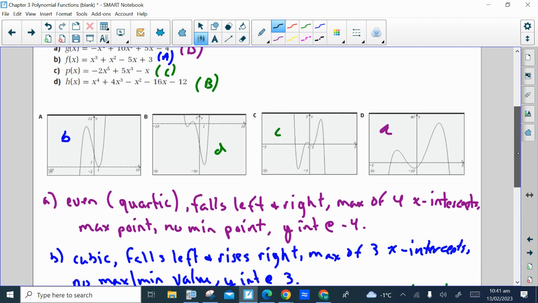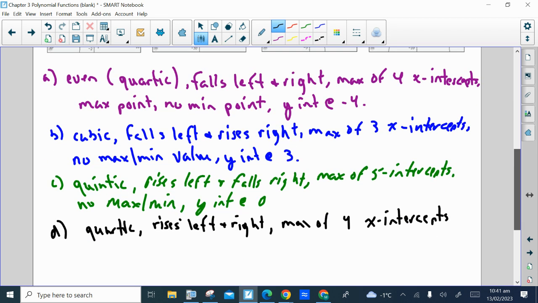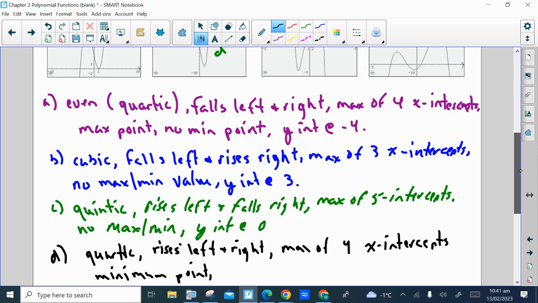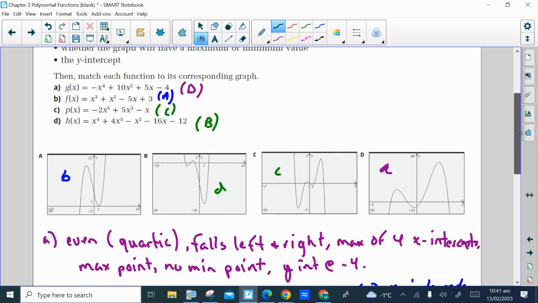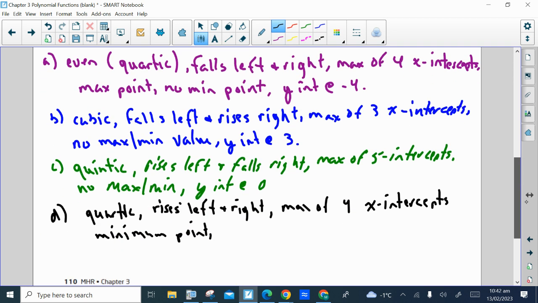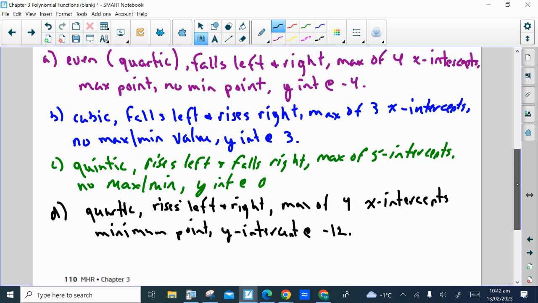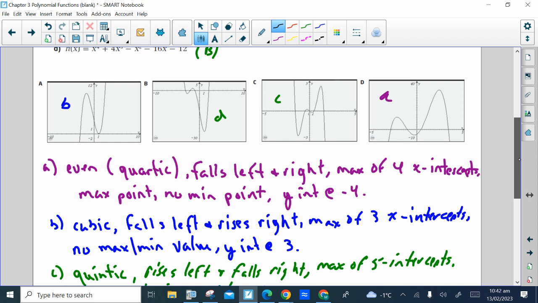There is a minimum point on this graph. And again, the y-intercept is the same as the constant term, which in this case is negative 12. And you can clearly see, looking at the graph, that the y-intercept is negative.